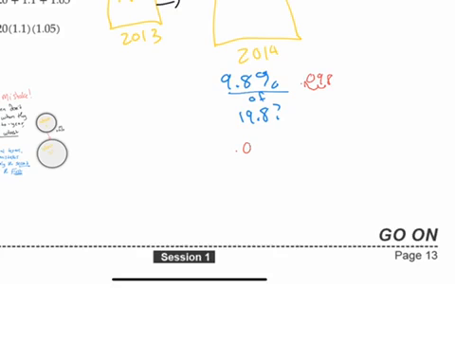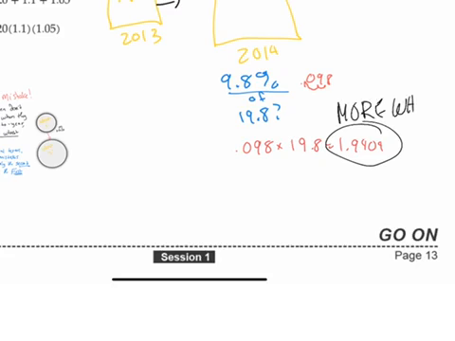So 0.098 times 19.8 equals 1.9404. Now, a mistake some people might think is they might think that 1.9404 is the amount of wheat. But this is not the wheat. This is how much more wheat.